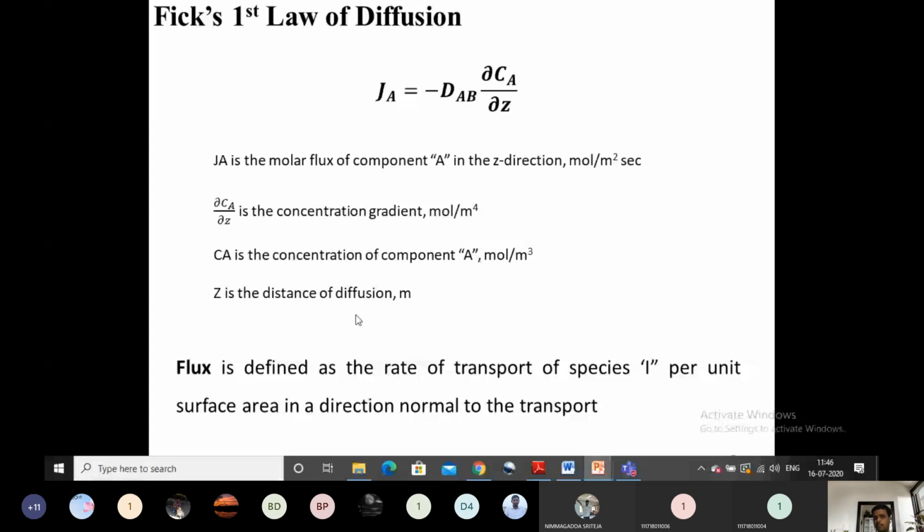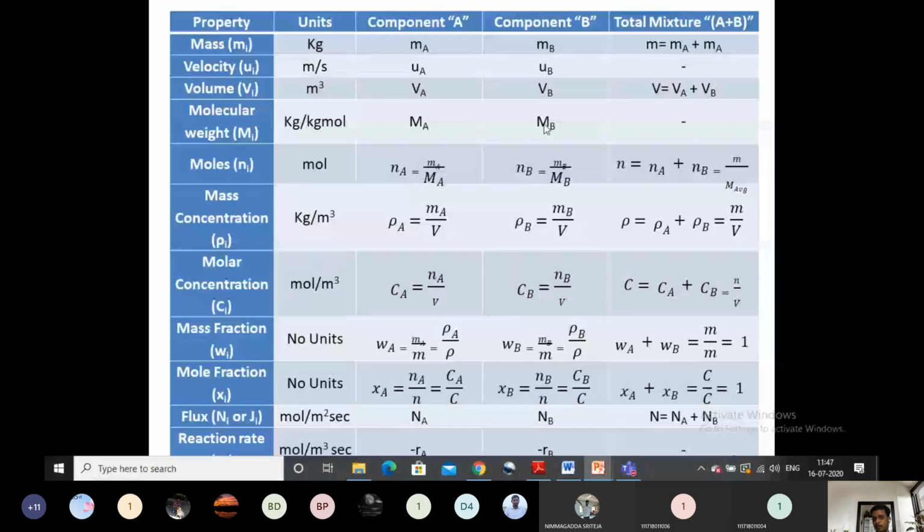These components have a molecular weight, indicated with capital M, and moles, which is a derived quantity: mass divided by molecular weight is nothing but moles. Similarly, it is an additive property, so N_A plus N_B is equal to M by M average. The components A and B have their respective densities, defined as mass per unit volume.